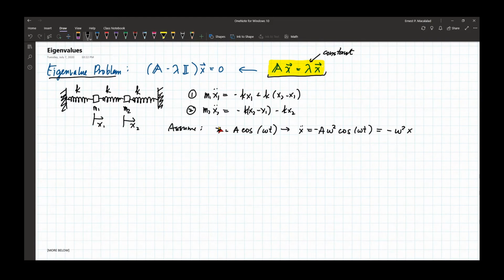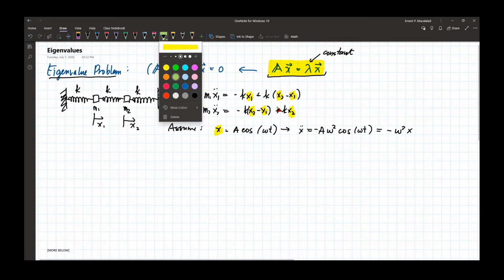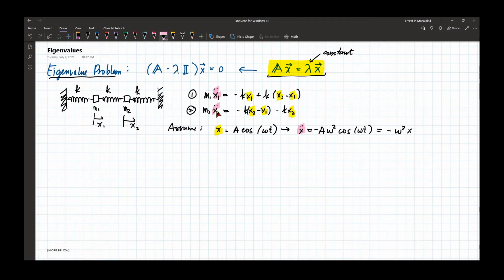Okay, so substituting x in x1 and x2, and substituting x double dot into x1 double dot, we'll end up with this matrix equation, a simultaneous linear equation in terms of a.